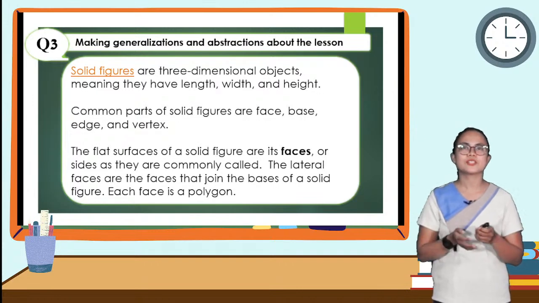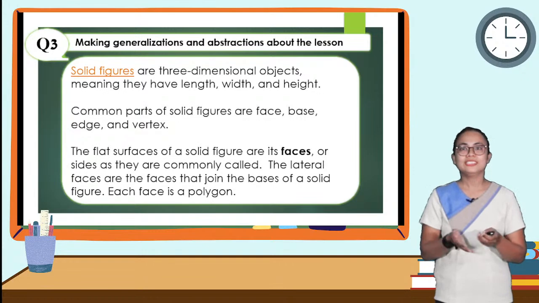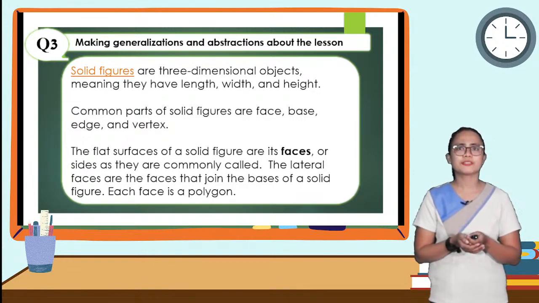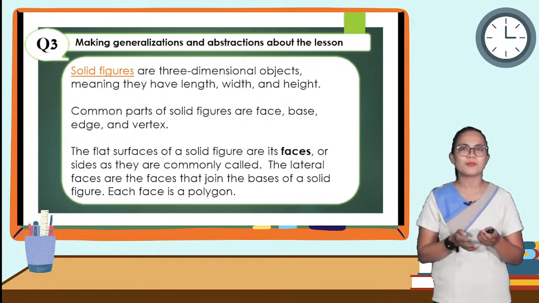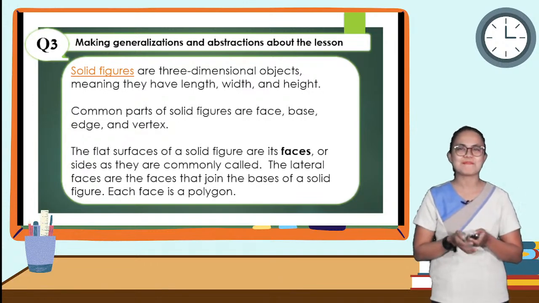Common parts of solid figures are face, base, edge, and a vertex. The flat surfaces of a solid figure are its faces, or sides as they can commonly be called. The lateral faces are the faces that join the bases of a solid figure. Each face is a polygon.